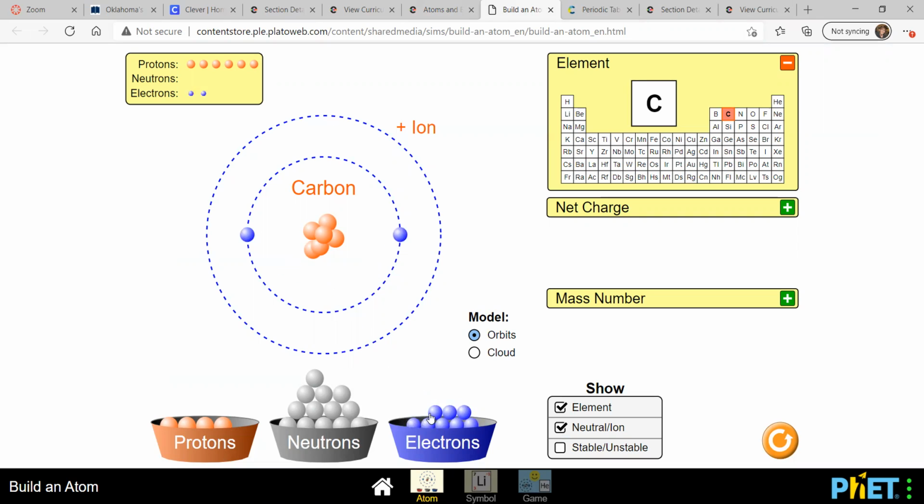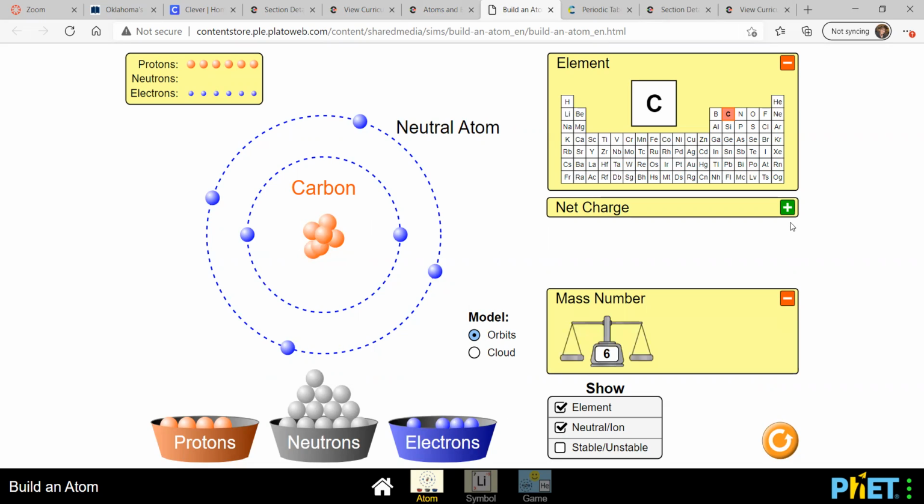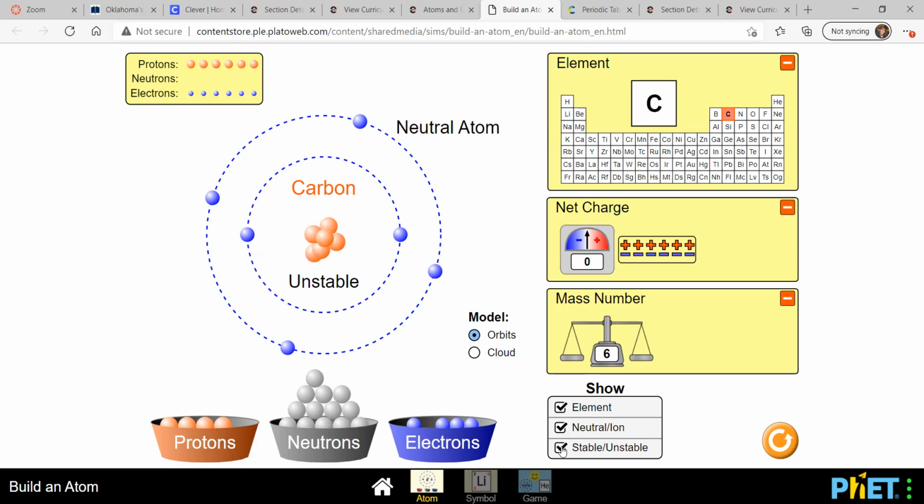So 2 in the first level, and then the remaining 4 in the outer layer. So 1, 2 in the first level, 4 in the outer level, and then we have a neutral atom, 6 carbon, 6 protons, and 6 electrons. And then we have the mass number here, 6. Net charge, it is 0, neutral.